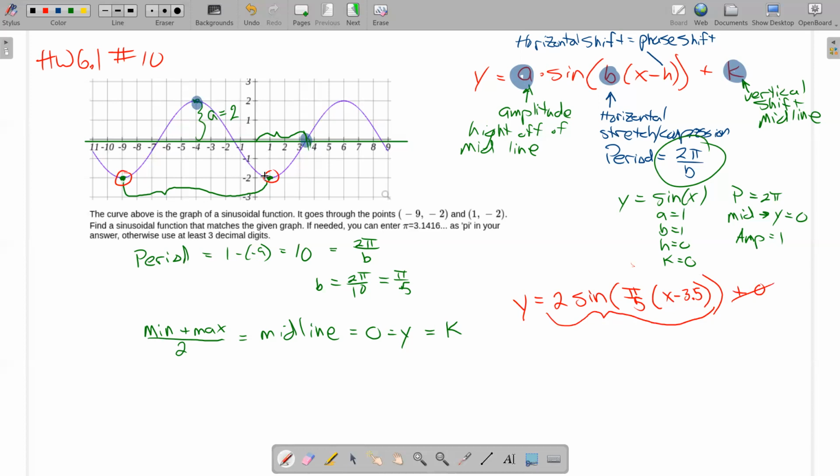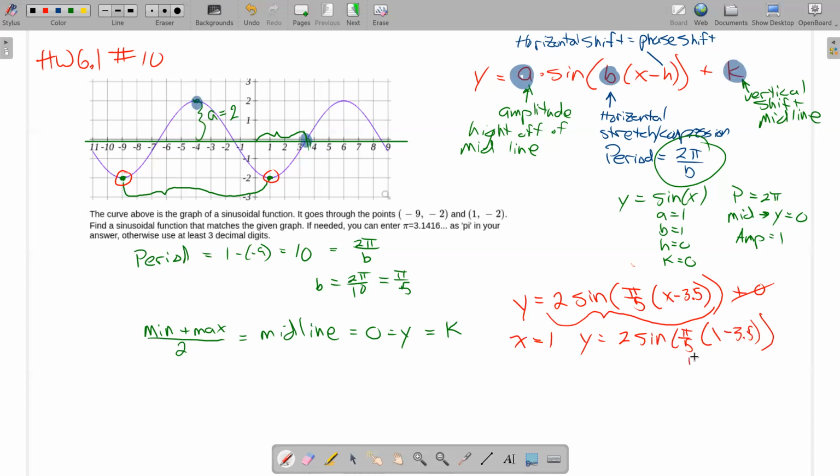We can actually plug the points in to check too. We could plug in 1, see what happens. Let's do that. We'll practice with sine arithmetic. So if x equals 1, I'm hoping we'll get -2 as the answer. So then y would be 2 times the sine of pi over 5 times 1 minus 3.5. 1 minus 3.5 would be -2.5.